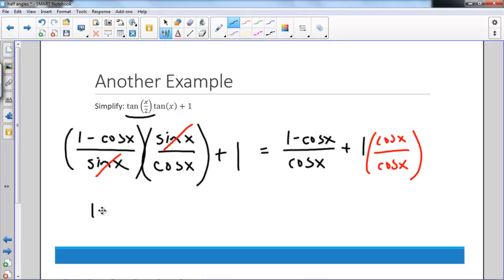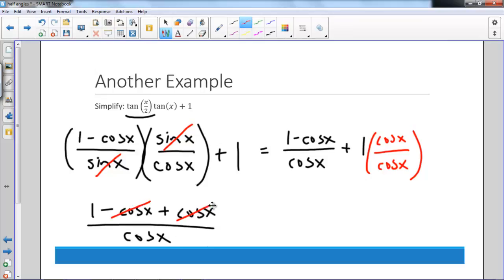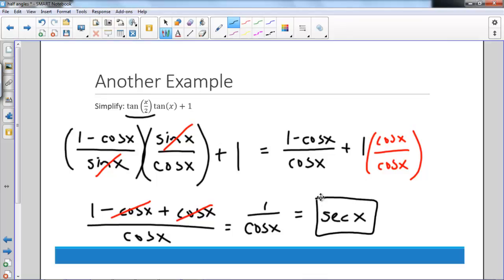And that's going to give me 1 minus cosine x plus cosine x all over cosine x. Here my minus cosine x and my plus cosine x are going to cancel. And that's going to leave me with 1 over cosine x, which is just secant of x. So this whole equation actually simplifies down to secant of x. And that's all there is to half angle identities.